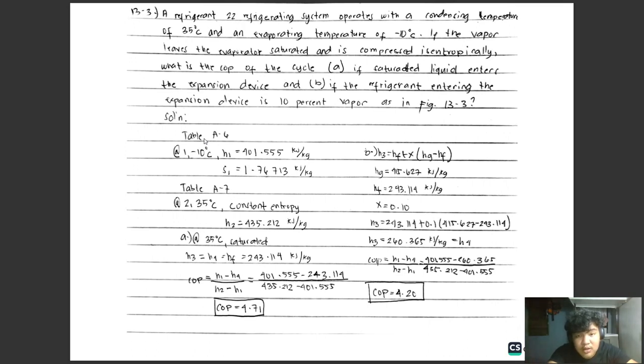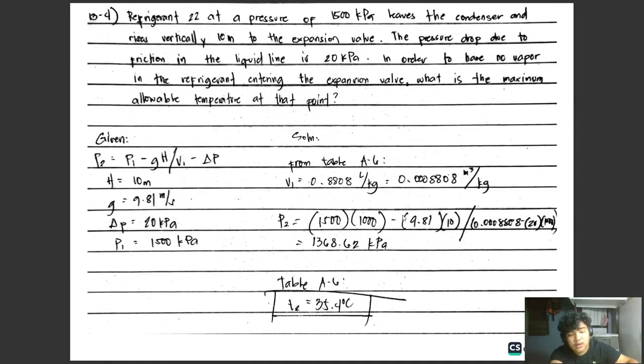So our COP for the refrigerant entering the expansion device with 10% vapor is 4.20. If you're wondering where we got the 0.10, this is the 10% vapor value.